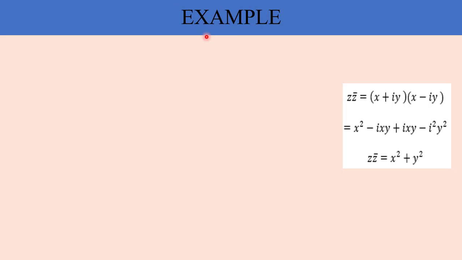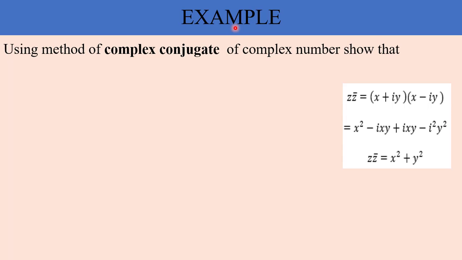Let's look at some more examples. Using the method of complex conjugate of a complex number, we show that the absolute value of z1 z2 is equal to the absolute value of z1 times the absolute value of z2.